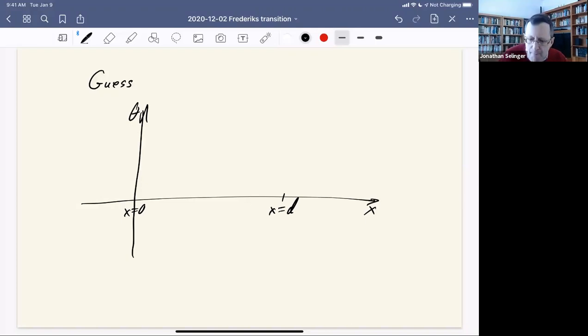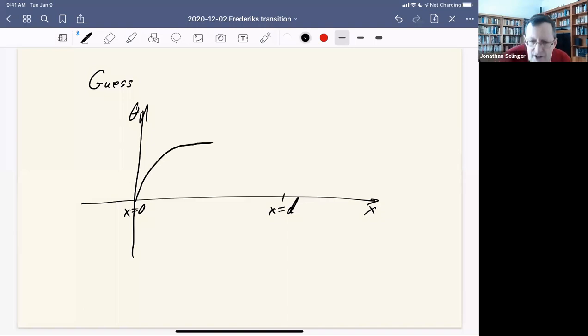These are the two walls. If the two walls are very far apart, then we could say, well, near one wall, it's like a semi-infinite system.